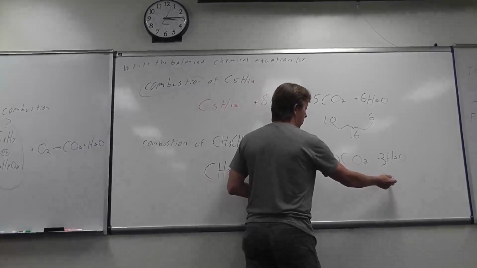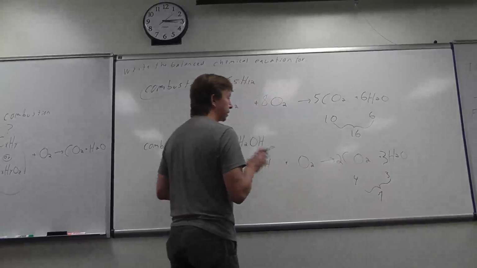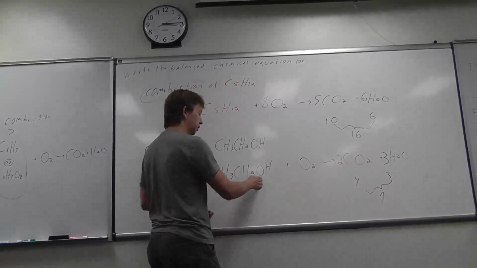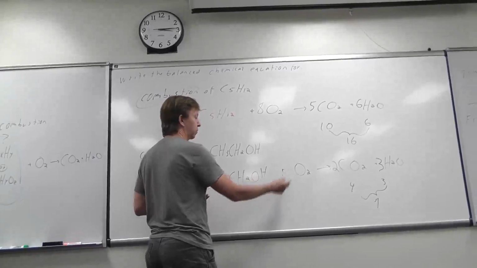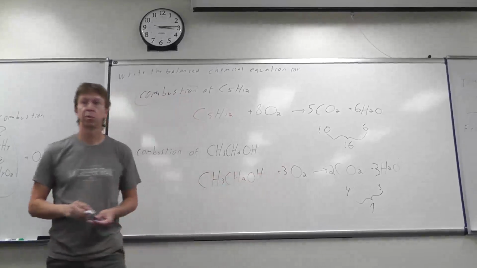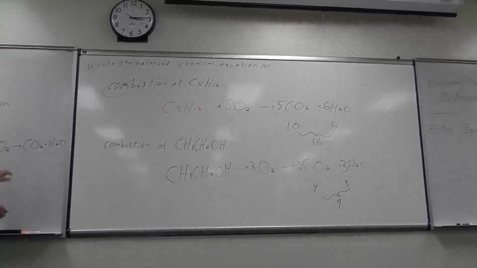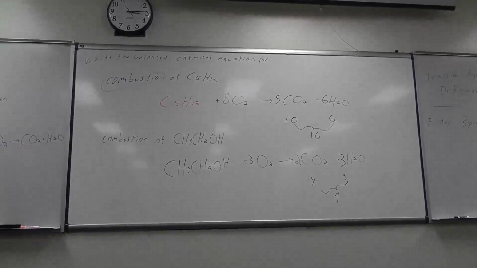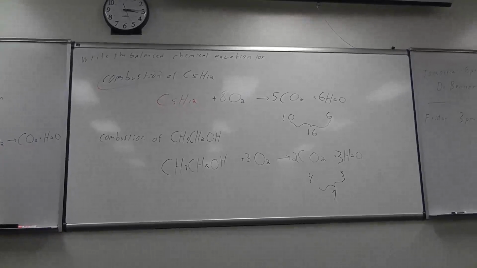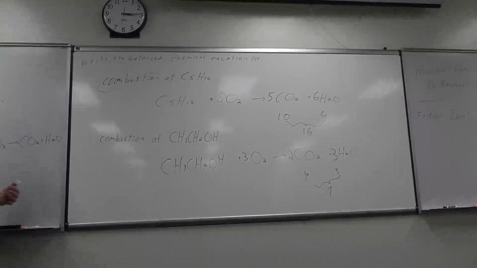This is 3 more. So collectively, that's 7 oxygens in the products. We need 7 oxygens in the reactants, and this is one of them. So we need 6 more, correct? Which means 3 there. And that would be balanced. Okay. Question about combustion. About what goes on in a combustion reaction. All right.